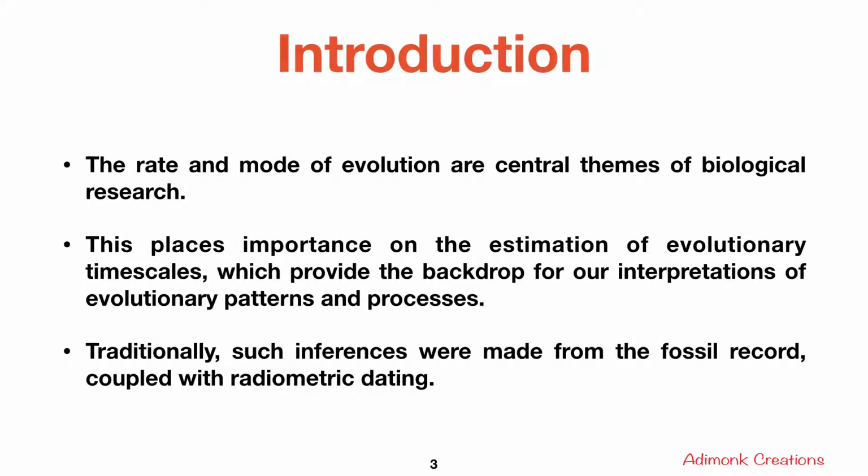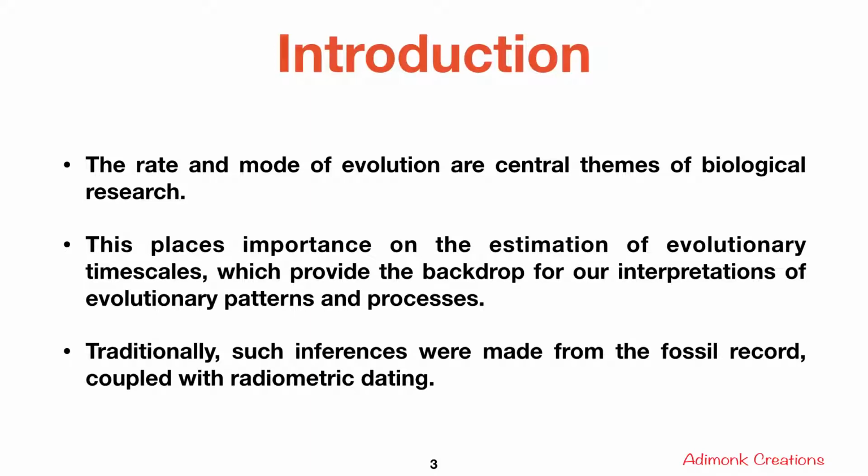Starting with the introduction, the rate and mode of evolution are a central theme of biological research. So the main theme of biological research is to know the rate and mode of evolution of various species. This places importance on the estimation of evolutionary timescales, which provide the backdrop for our interpretation of evolutionary patterns and processes.